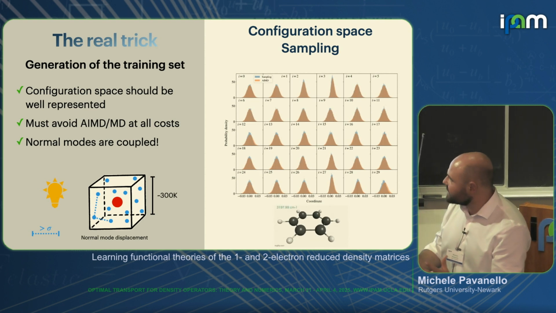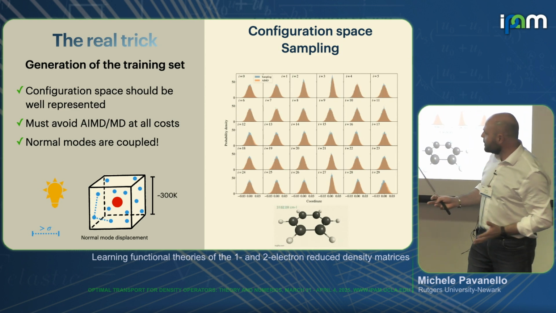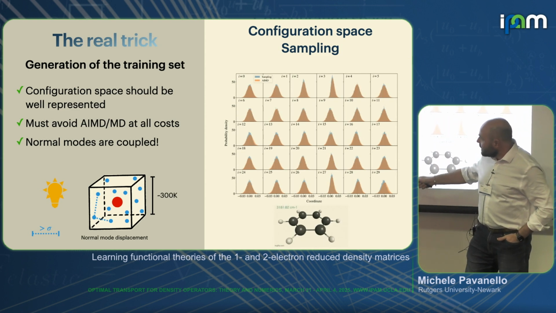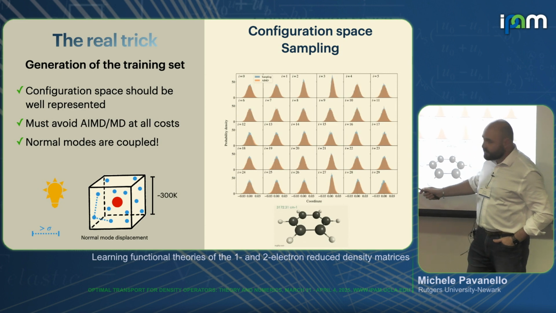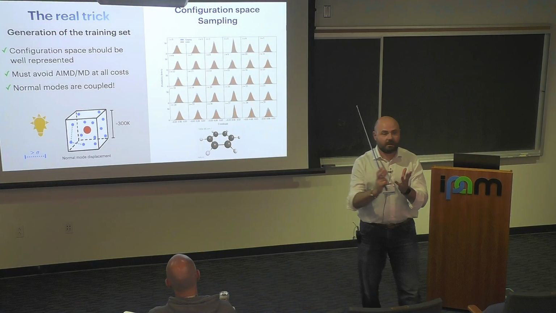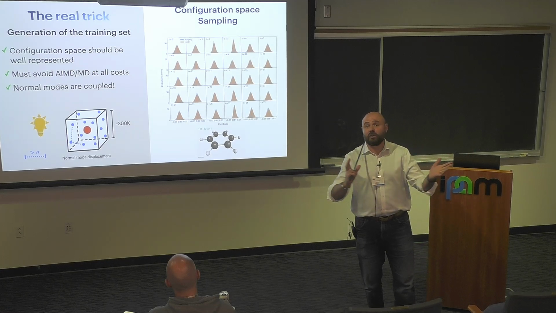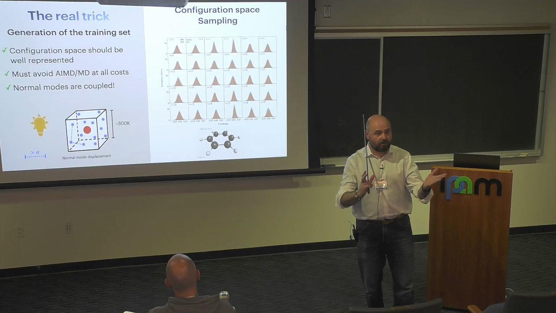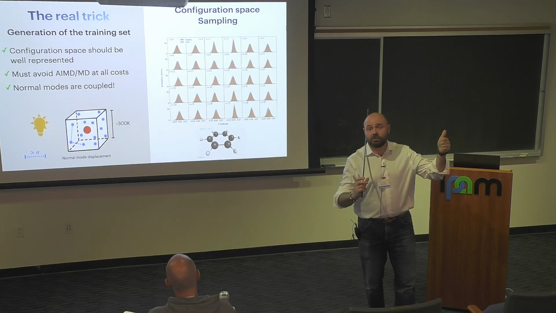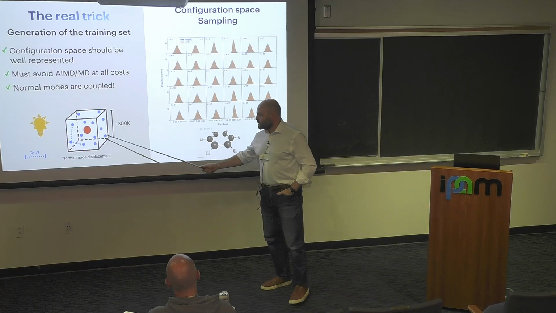So you sample this volume accordingly or as uniformly as you can. The size of this cube is given by the temperature that you're after. So molecules vibrate more when the temperature is higher, so they sample a configuration space that is bigger as the temperature goes up.